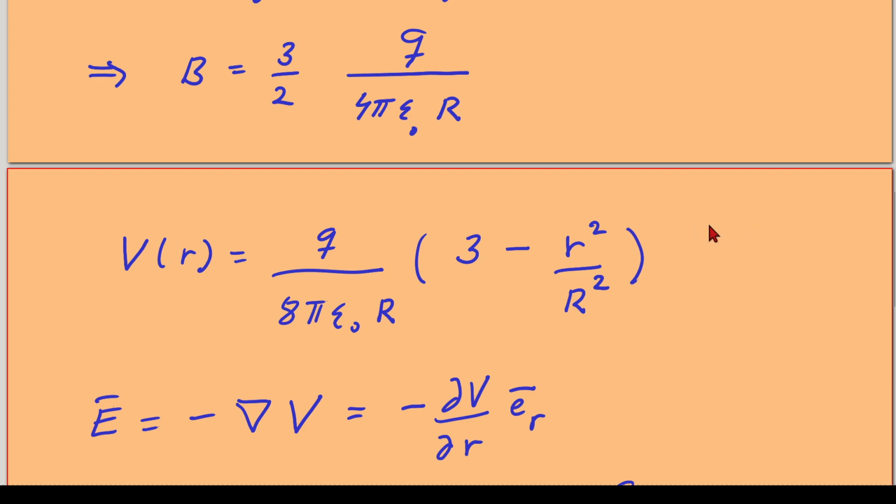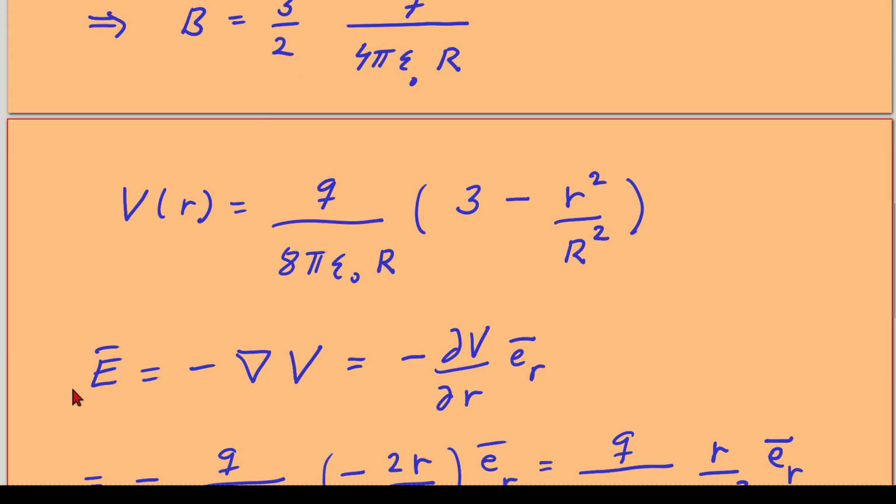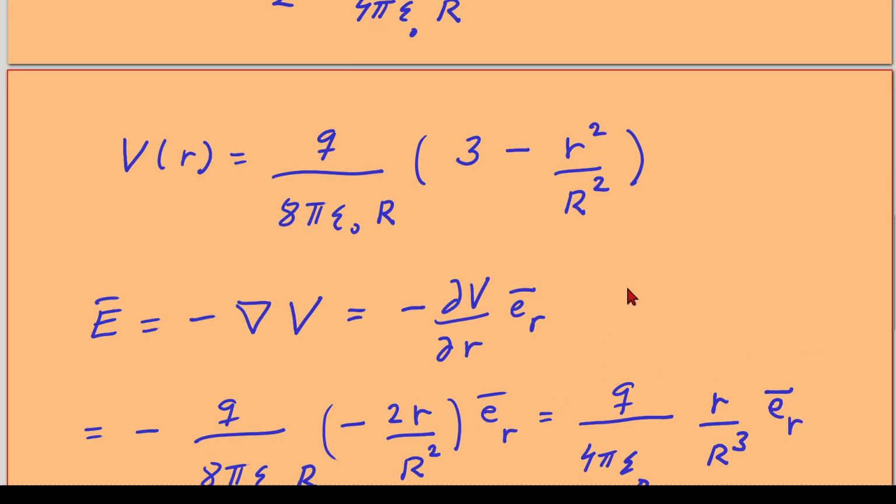So that's great. All right, the electric field: since it's electrostatics, the electric field is the negative gradient of the potential. And the gradient in spherical coordinates is just dV/dr, since V is not dependent on angles, and the gradient terms depending on angles are simply 0. So this is the only thing of interest.